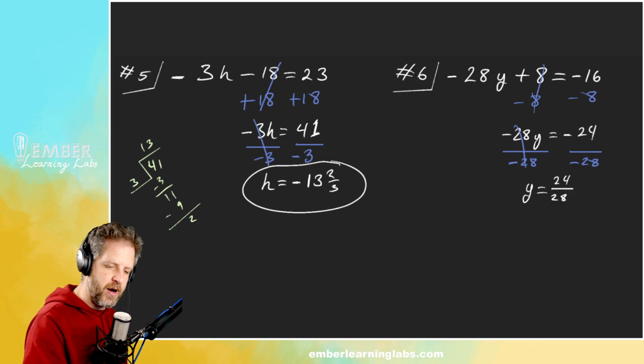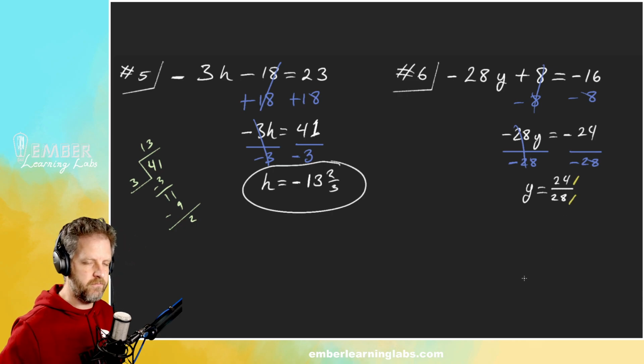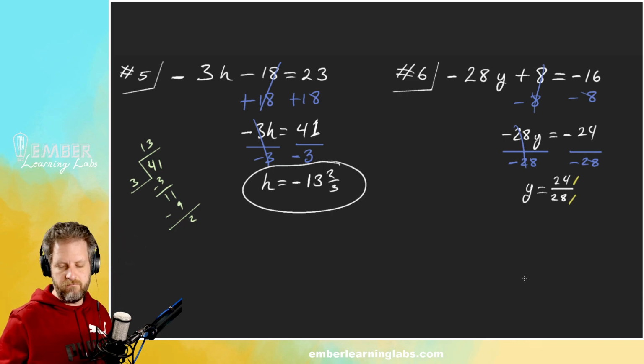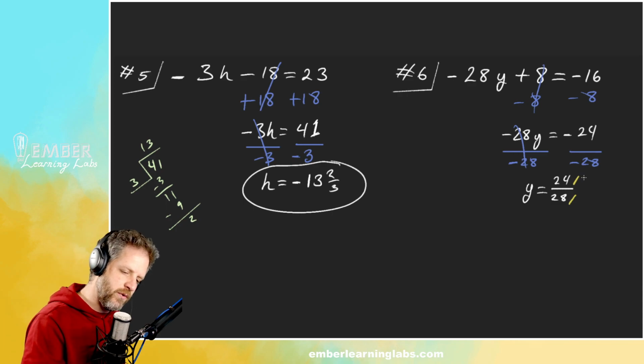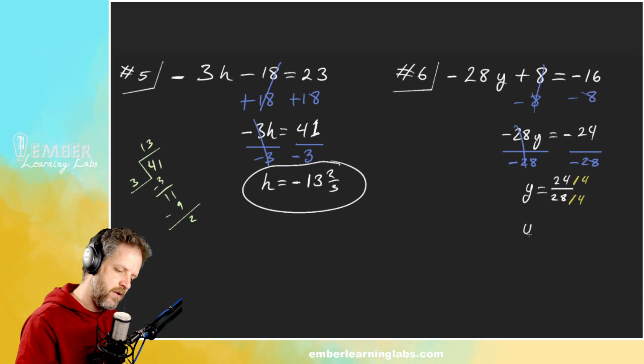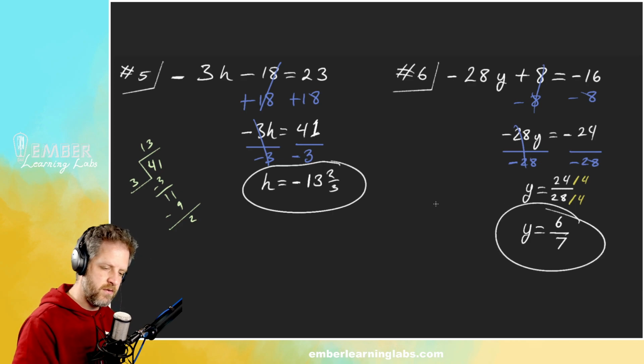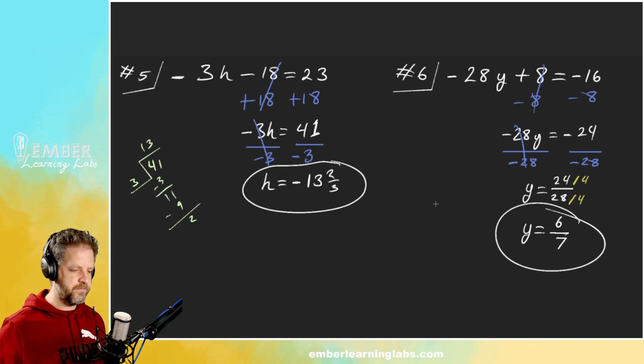What do we reduce by, kiddos? Four? I agree. 4 sounds like a great idea. So y would equal 6/7. Looks great.